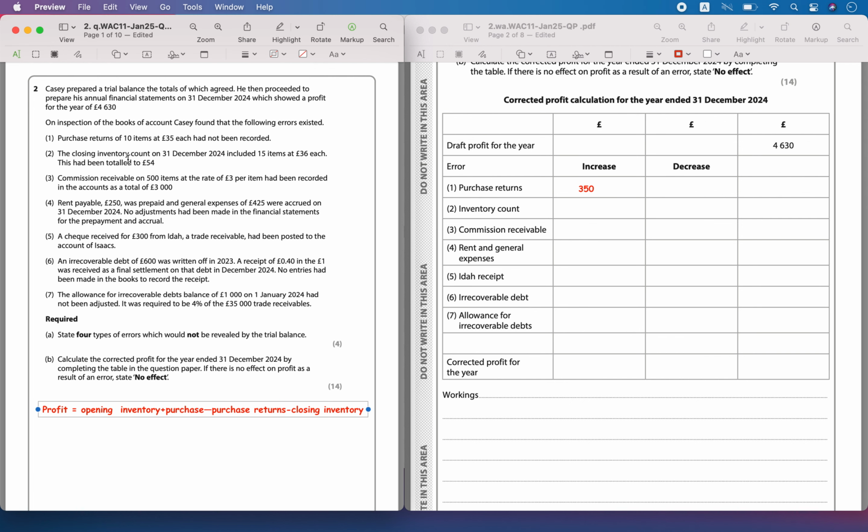Next, we have closing inventory count on 31st December 2024 included 15 items of 36 pounds each. This had been totaled to 54 pounds.